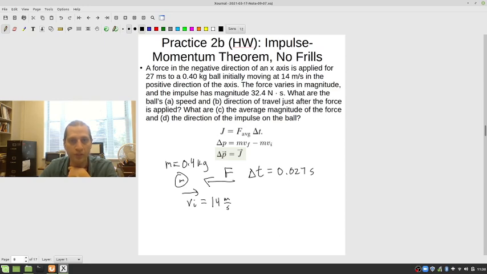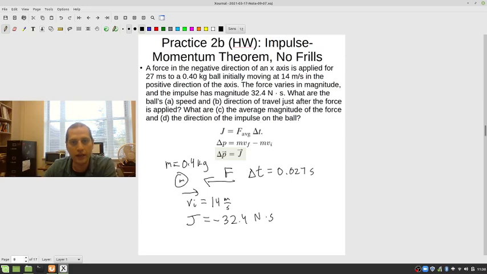The force varies in magnitude, and the impulse has a magnitude of 32.4 newton-seconds. Now notice this force is applied in the minus x direction, and so my J would be minus, because time is positive, so it would be minus 32.4 newton-seconds.